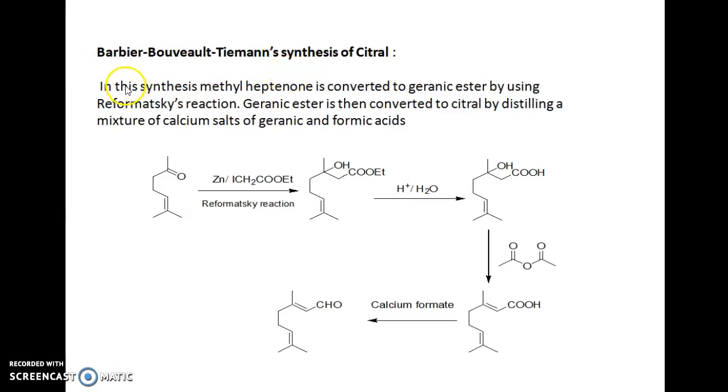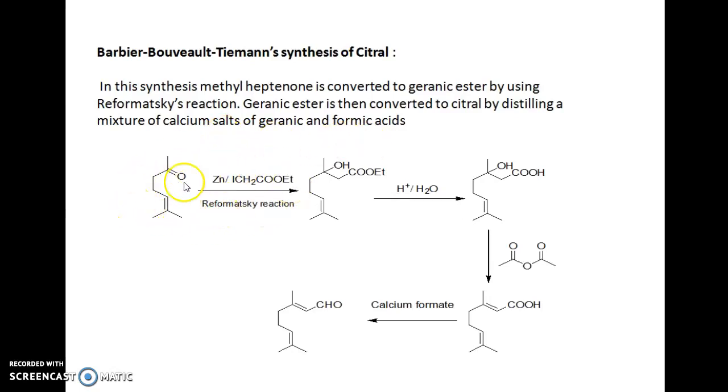Barbier-Bouveault-Tiemann synthesis. In the synthesis, methyl heptenone is converted to geranic ester by using the Reformatsky reaction. Geranic ester is then converted to citral by distilling a mixture with the calcium salts of geranic and formic acid.